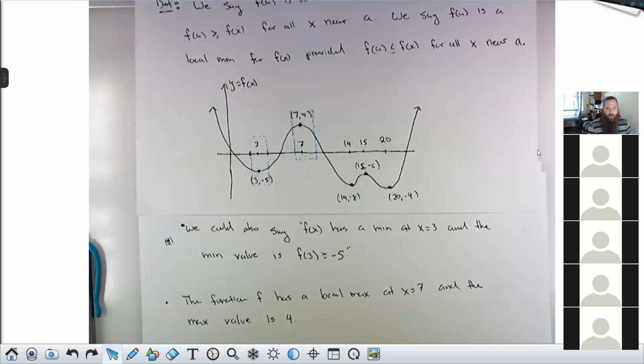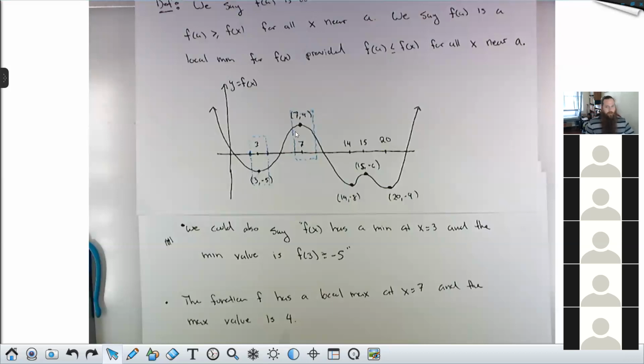Now, officially, we're not talking about global mins or global maxes, but I'll go ahead and tell you: the global min for a function is the smallest y value that gets output anywhere by the function, and the global max is the largest y value that gets output anywhere for the function.